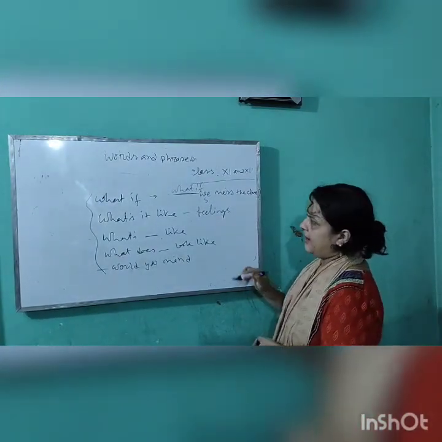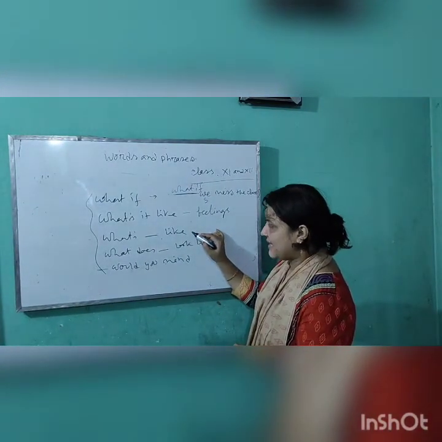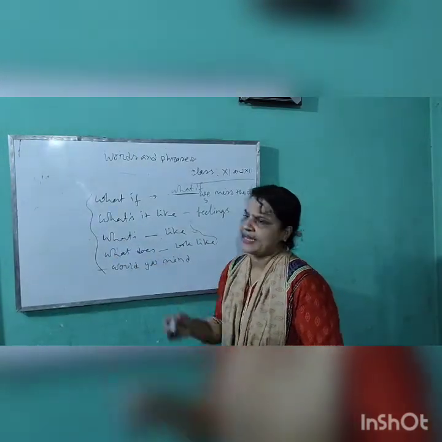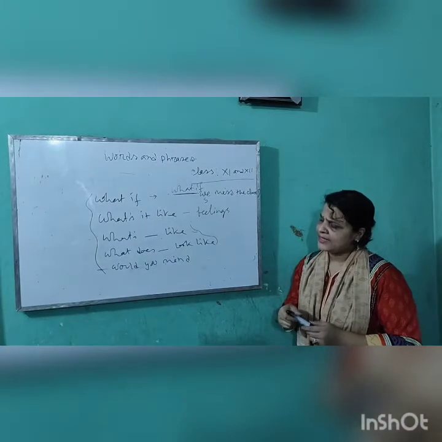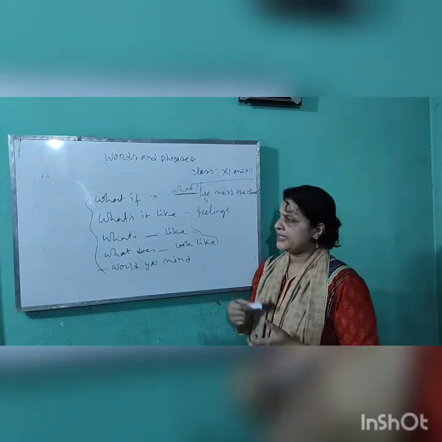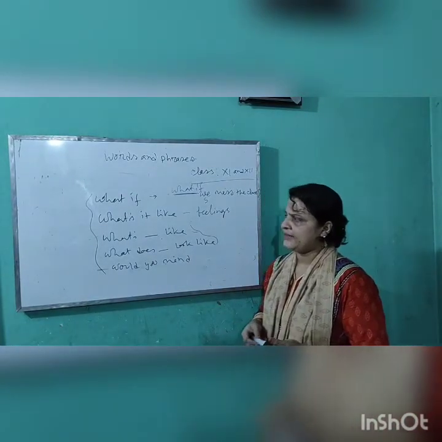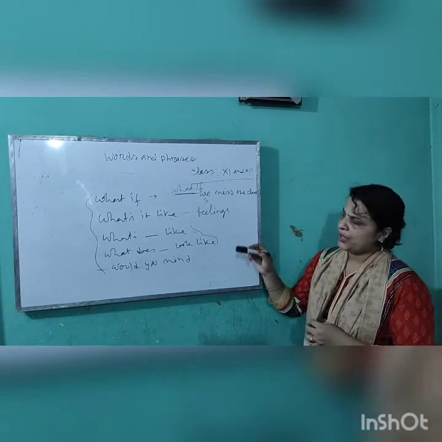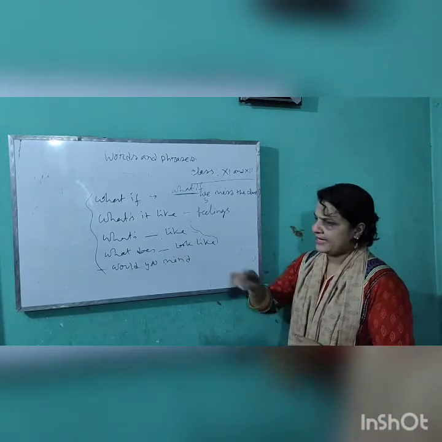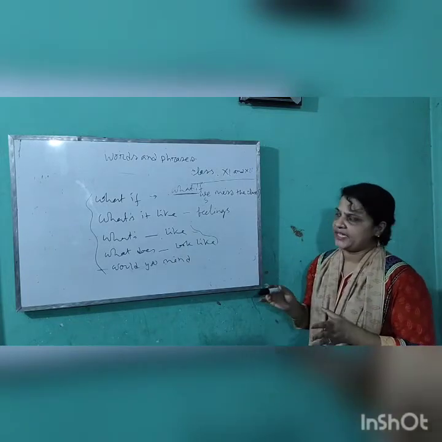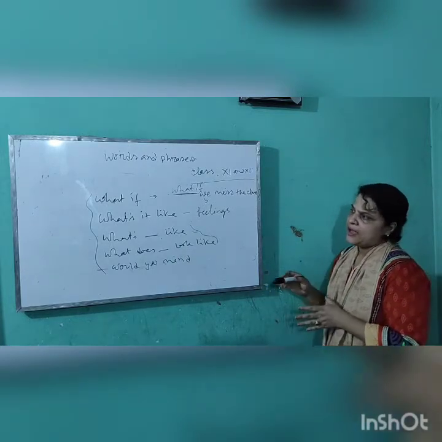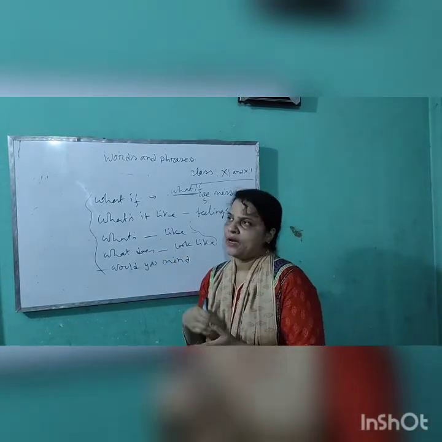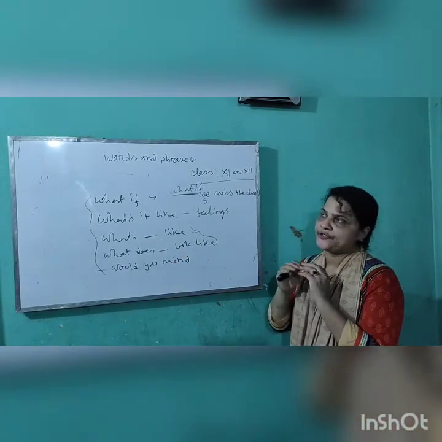And what does it look like basically indicates somebody's health or character, or mental condition. So in the case of what does it look like, it indicates the concrete thing or concrete appearance. But in the case of what's it like, it indicates the mental condition or the abstract thing.